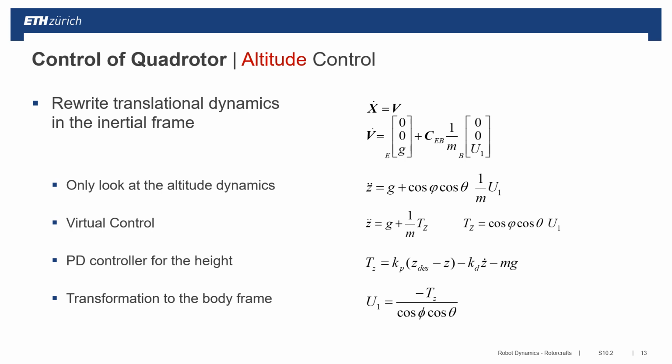Now we can define a virtual control in the Earth frame, which would mean that you define that the acceleration is equal to g plus 1 over the thrust you want in the Earth frame. Now we have the transformation between the Earth and body frame, and you want to control the height in the Earth frame.